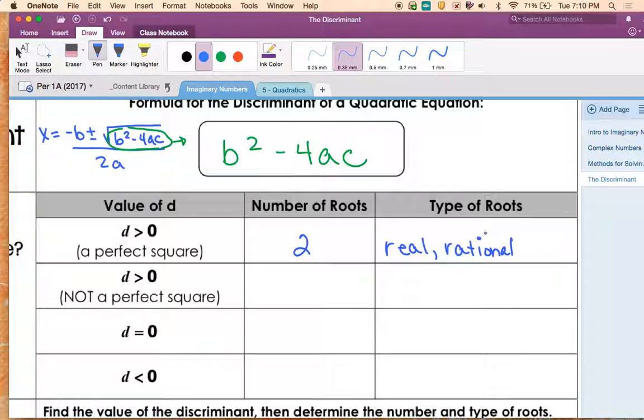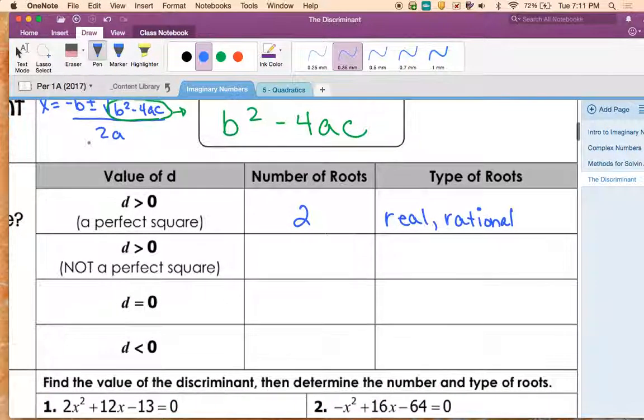Rational means it's an integer or a number that can be expressed in a fraction, like 3/2, 1/2, things like that. Okay, and it makes sense because if this number under this radical is a perfect square, like 16, all of this would turn into a 4, similar to the one that we just did on the other notes, which means I'll get an integer or a fraction as an answer.